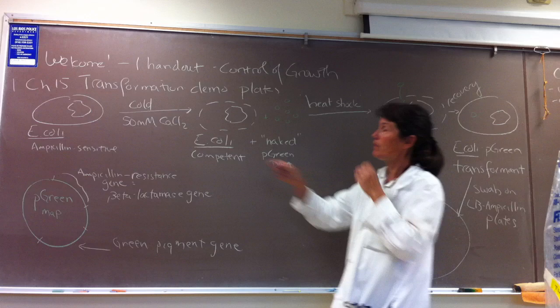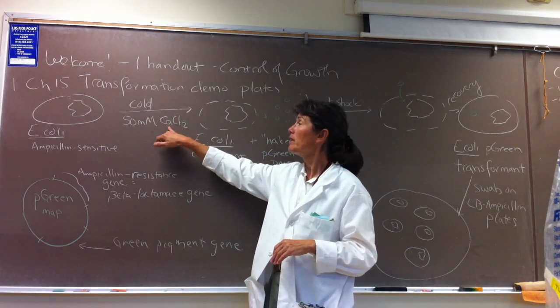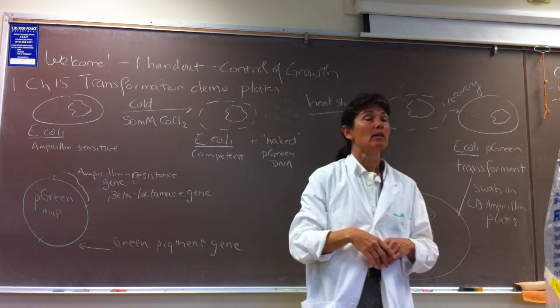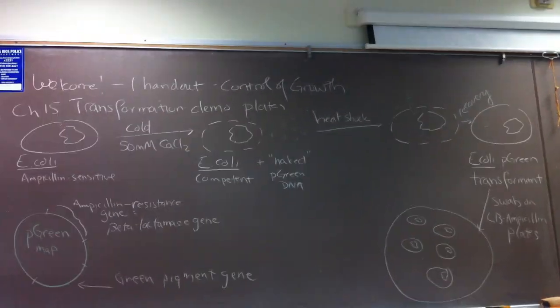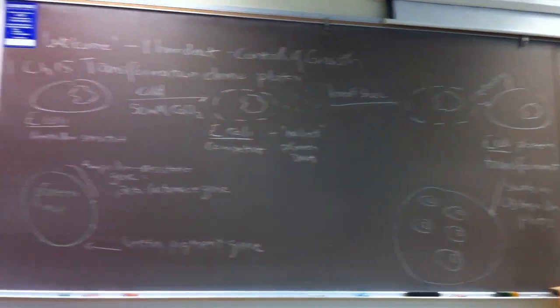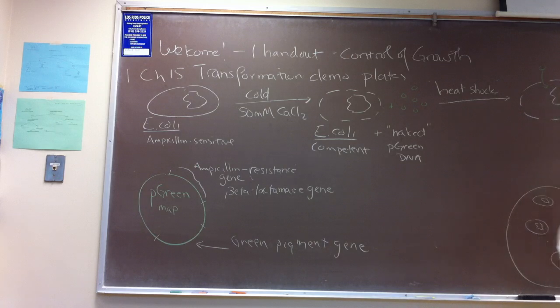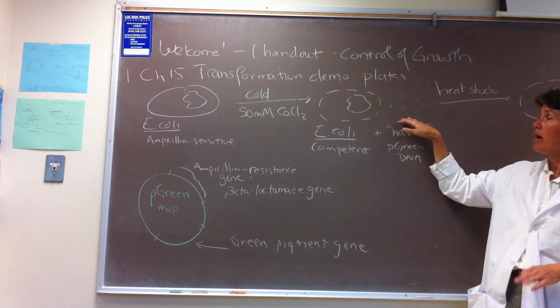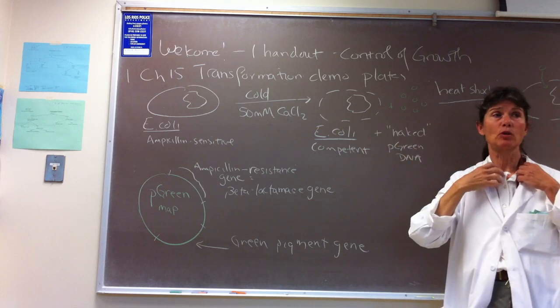And then the one purpose of the calcium chloride is that when it ionizes, it releases calcium cations that will bind to the negatively charged DNA that we want to pass through the cell wall, past the cytoplasmic membrane into the cytoplasm of our bacterium. So by having calcium ions bind to the DNA, it will create an electrically neutral molecule that will have a much easier time passing into the bacterial cell. So that's one model of why the cold calcium chloride might work.